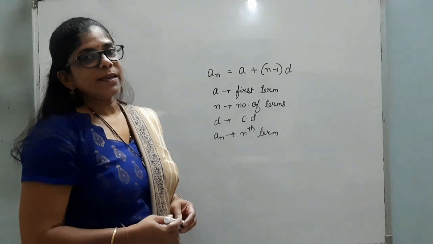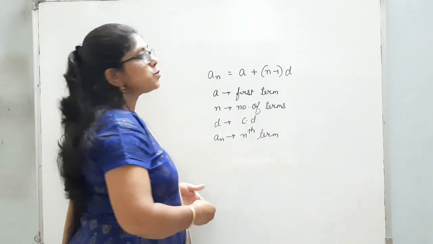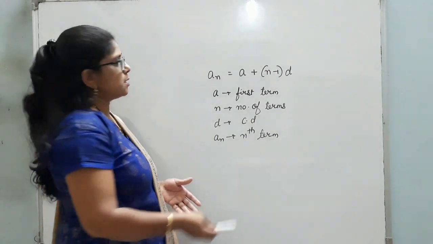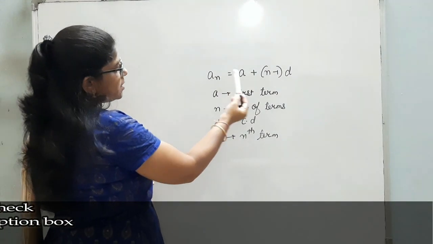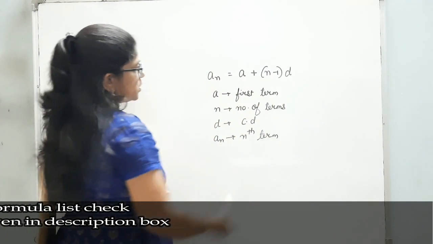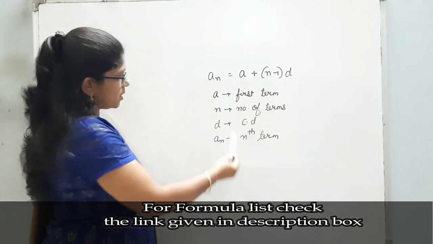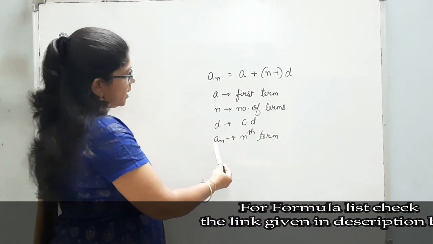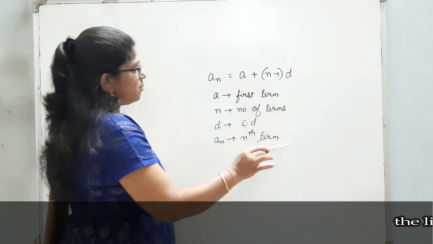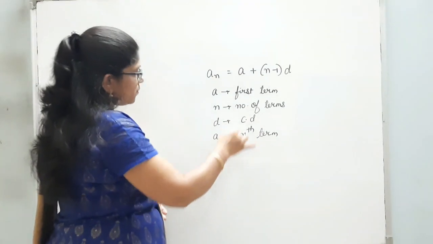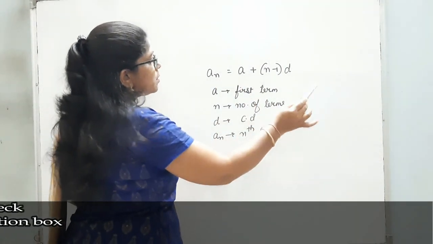So as I said, at the end of this video, I will give one important tip. Now let us see how to use the formulas of mathematics. Here in this chapter already we have seen this one simple formula, that is AN is equal to A plus N minus 1 into D, where A stands for the first term, N stands for the number of terms, D stands for the common difference, and AN stands for the nth term of the AP. So in any mathematical formula, whatever terms are present in the formula, from this one term will be the unknown.